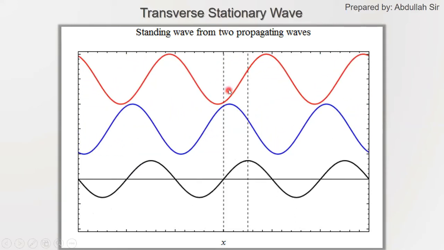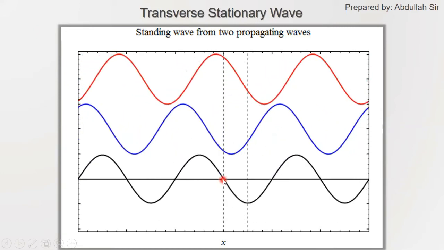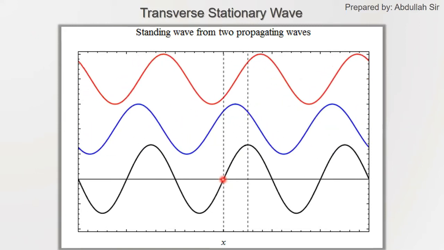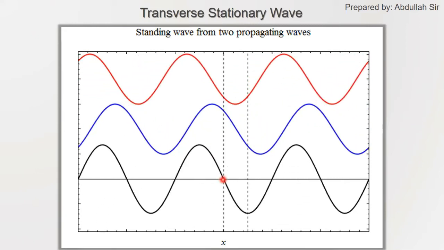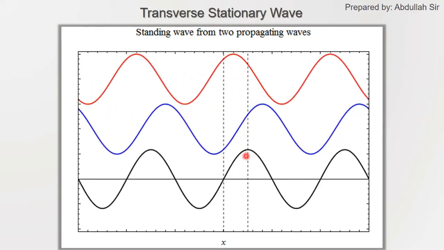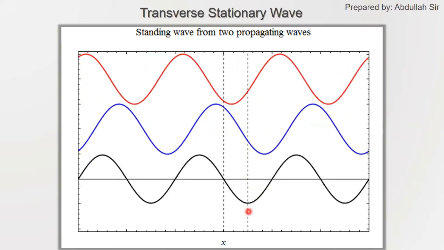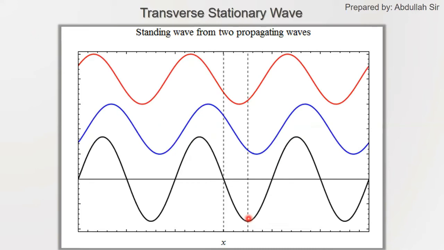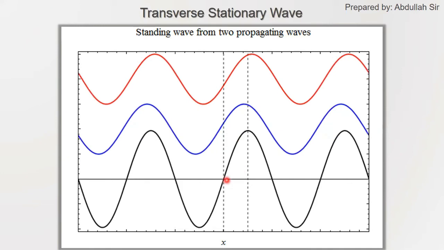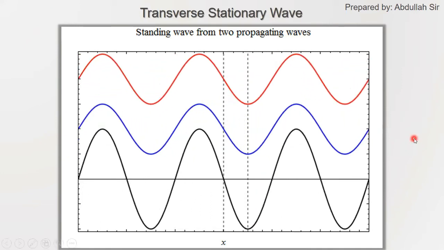And when these two, red and blue, are out of phase, we get minimum amplitude. This point is not moving, or we will say that the amplitude of this point is minimum. So this is called a node, and the amplitude of this point is maximum, so we will call it an antinode, and the particles between node and antinode have amplitude between 0 and A. So this is your transverse stationary wave.